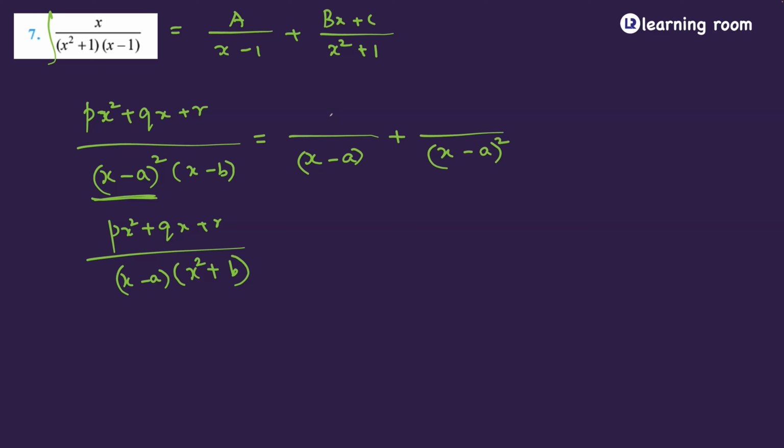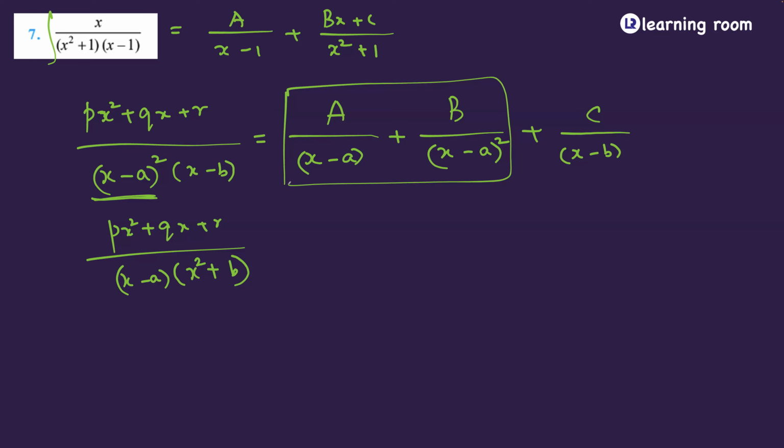But in both the cases, you put a and b only, plus something divided by x minus b. And here you will put c. Actually, this idea is borrowed from form 2, when you have repeated roots.